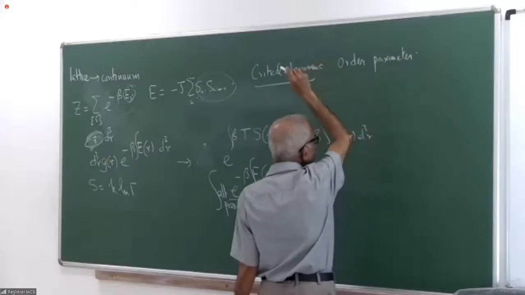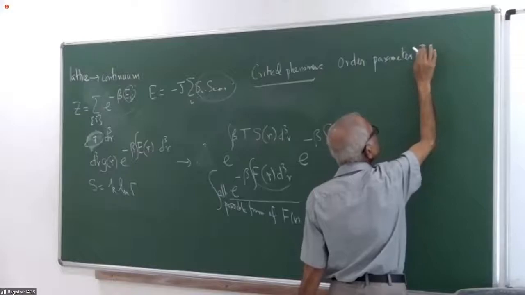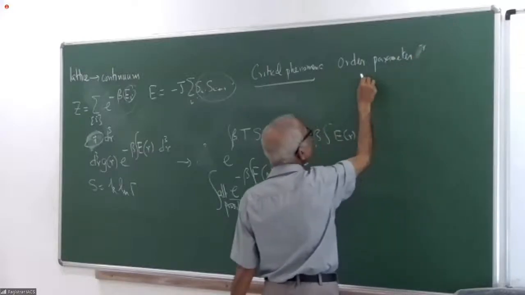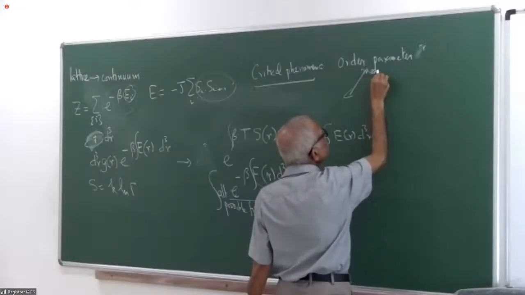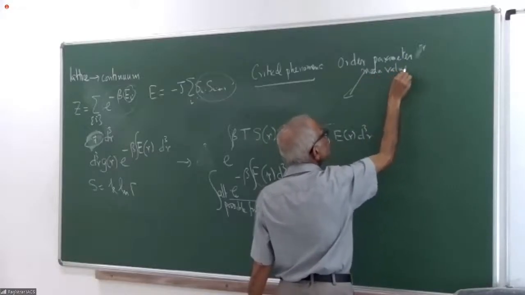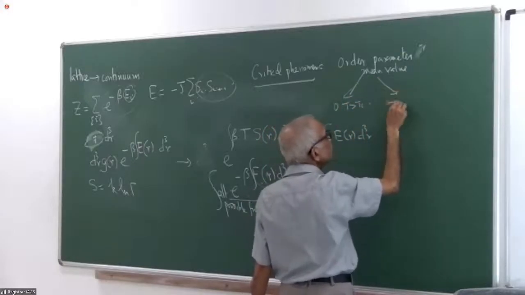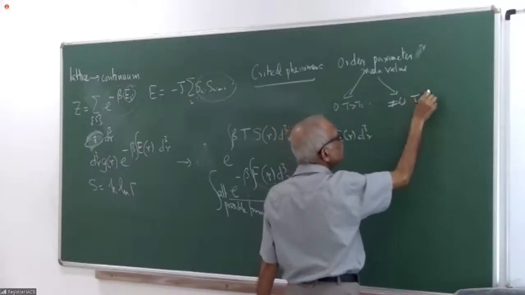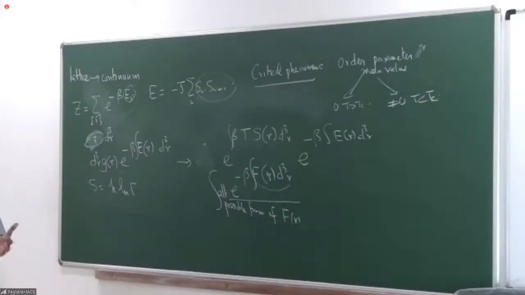The characteristic of the order parameter is that its expectation value, the mean value, is 0 for T greater than Tc, and non-zero for T less than Tc. So that defines the critical temperature, the critical point.